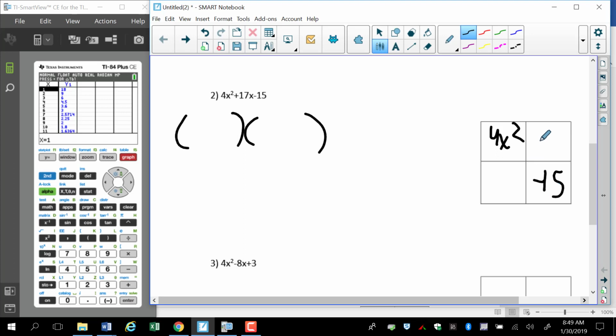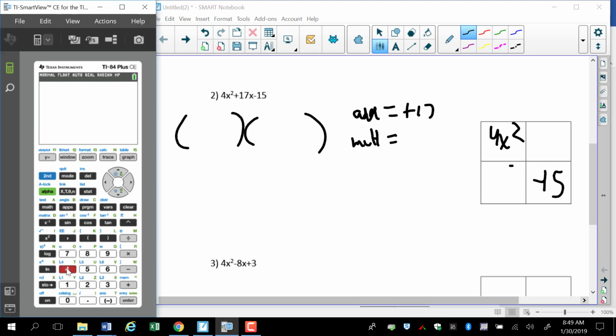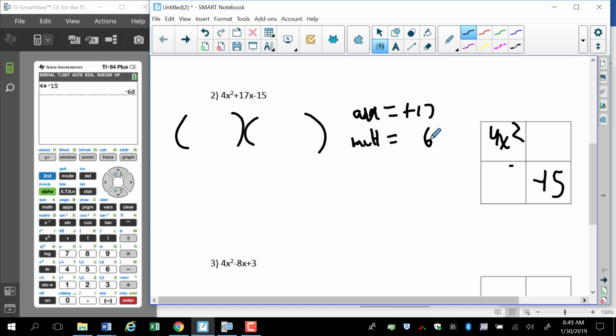So let's see what we need to do. We need to make sure that this and this add to give me a positive 17. So it needs to add to give me plus 17, but these two will multiply to give me whatever this is, and 4 times negative 15, that's negative 60.